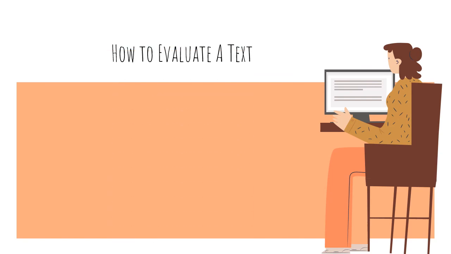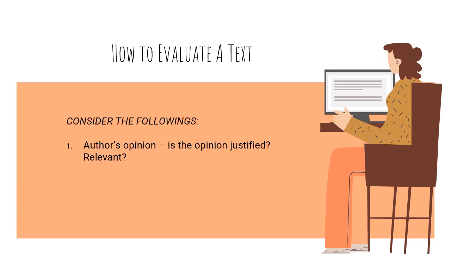Okay, finally we come to the end of this video, but before I close this tutorial section, I would like to summarize the things that we have to do when evaluating a text. So you must consider the following. First, the author's opinions. You have to decide if the author's opinion is justified, relevant, or not.